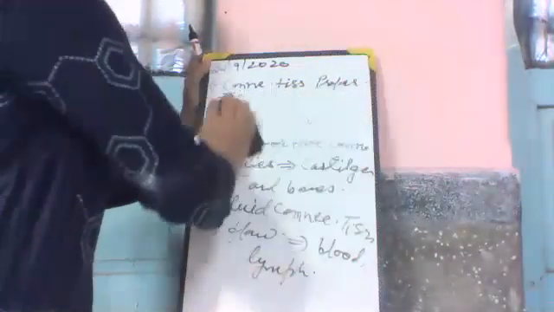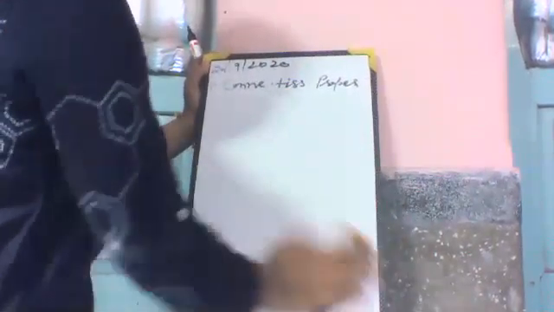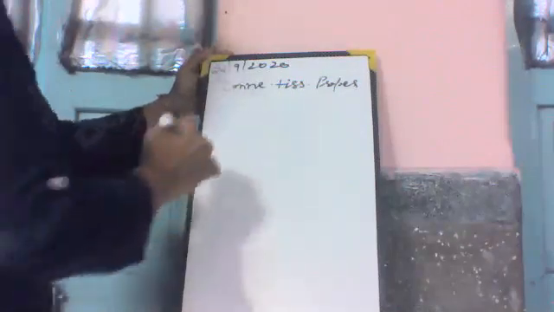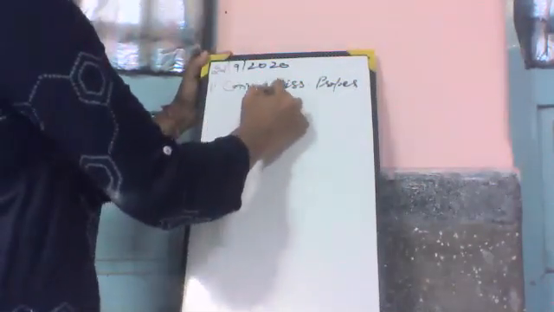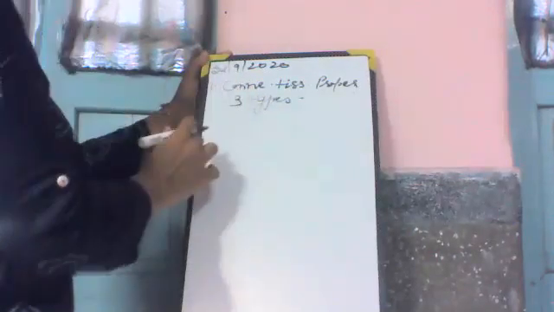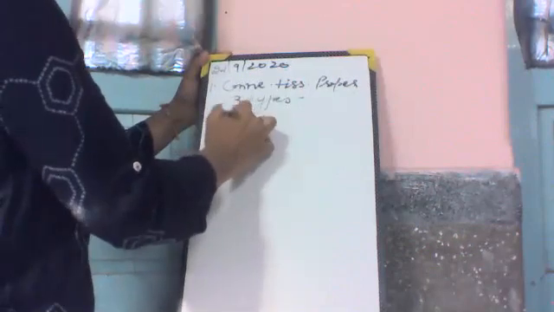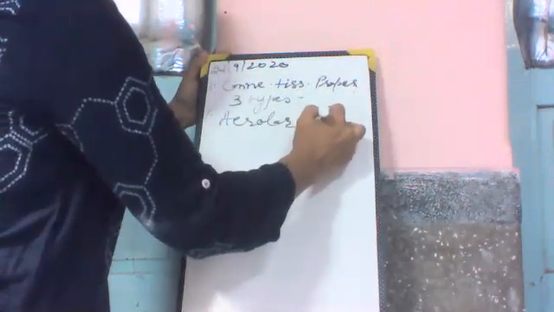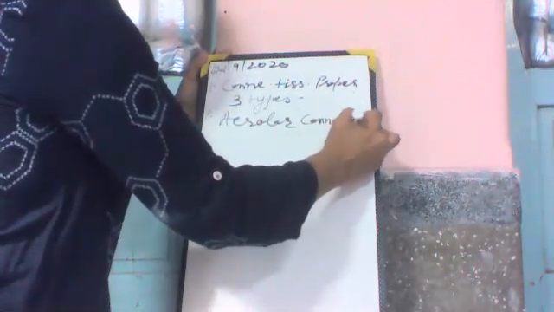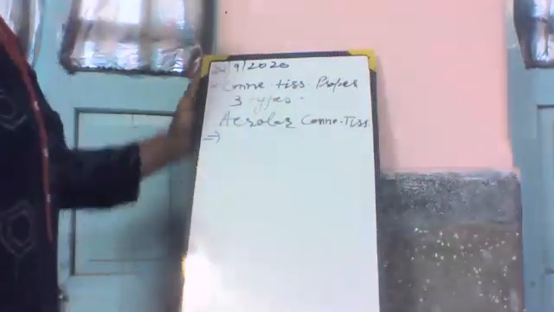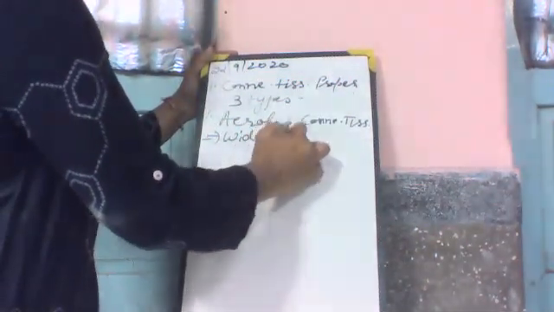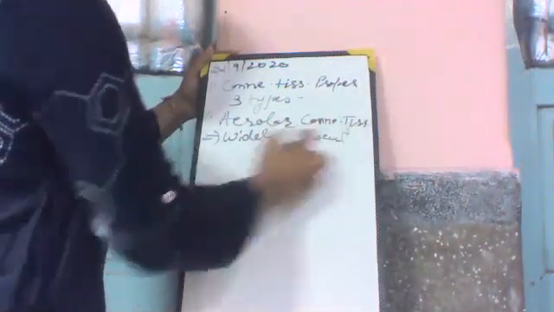First is connective tissue proper. Again, this is divided into three types. First is areolar connective tissue. They are widely present between the skin.